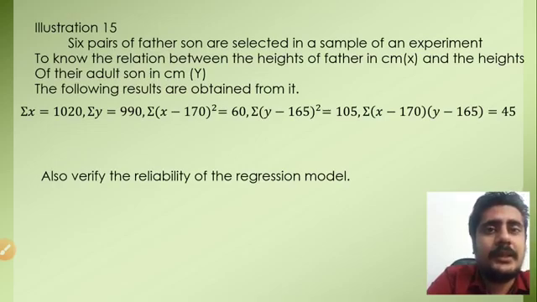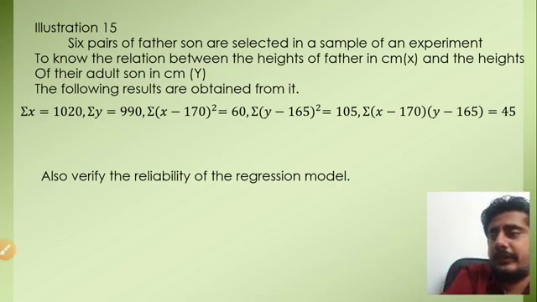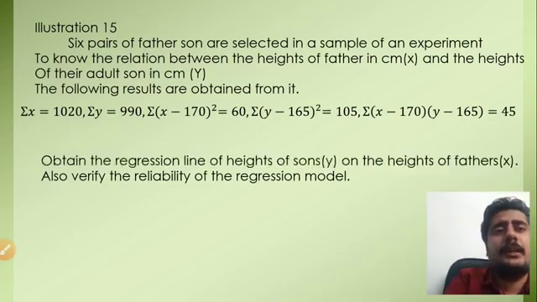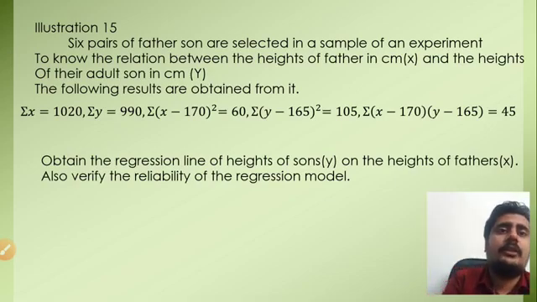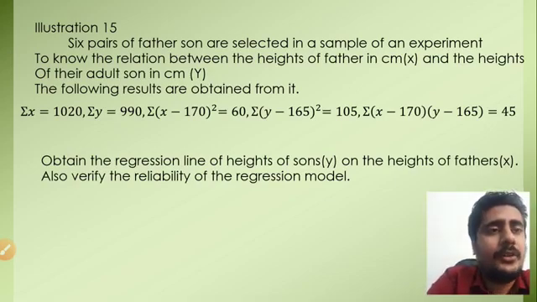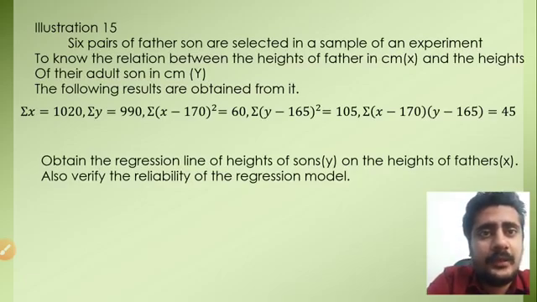Sigma x is 1020, sigma y is 990, sigma (x minus 170) square is 60, sigma (y minus 165) square is 105, sigma (x minus 170)(y minus 165) is 45. Obtain the regression line of y on x, and also verify the reliability of the regression model. So read the question.